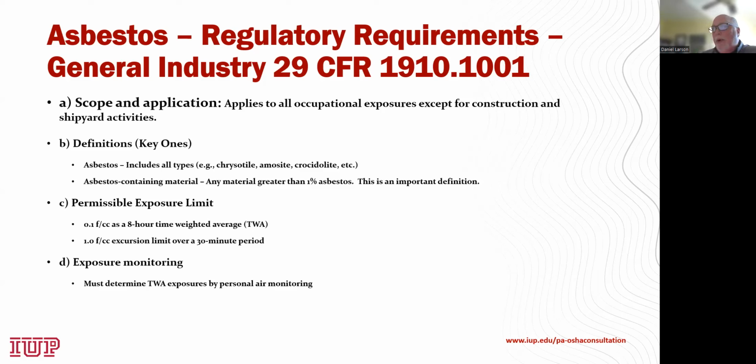OSHA has an exposure limit, a permissible exposure limit, for asbestos. As an 8-hour time-weighted average, this is 0.1 fibers per cc. There is also what's called an excursion or ceiling limit, which is a different type of sample collected over a 30-minute period. For the excursion limit, you cannot exceed 1.0 fibers per cc.